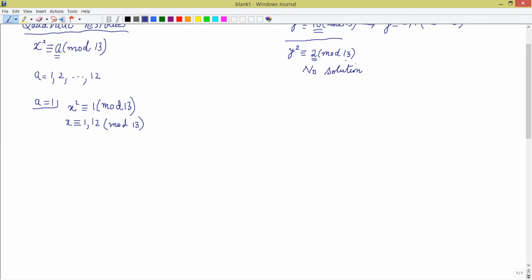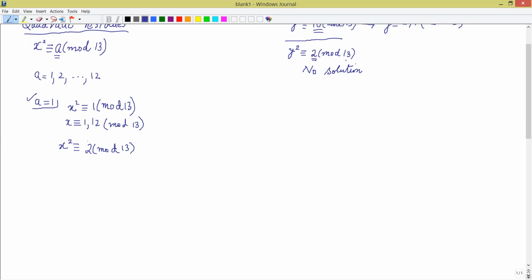So 1 is a quadratic residue, while 2 is not a quadratic residue, because we will not be able to find any number which is a solution when we write x square is congruent to 2 modulo 13.